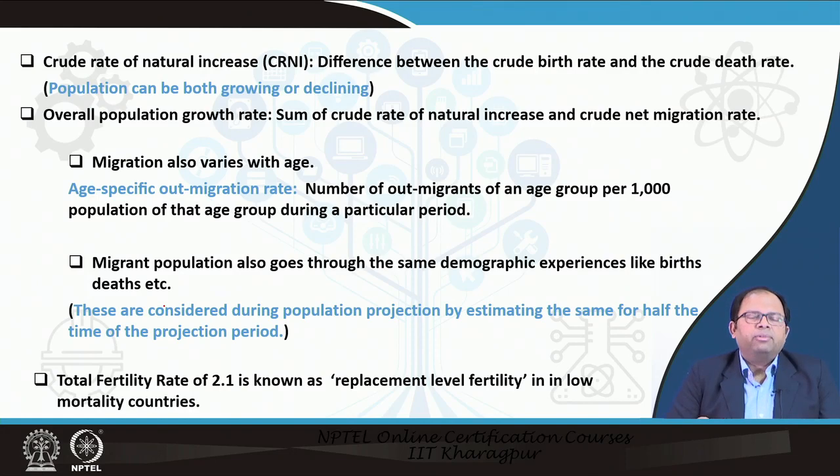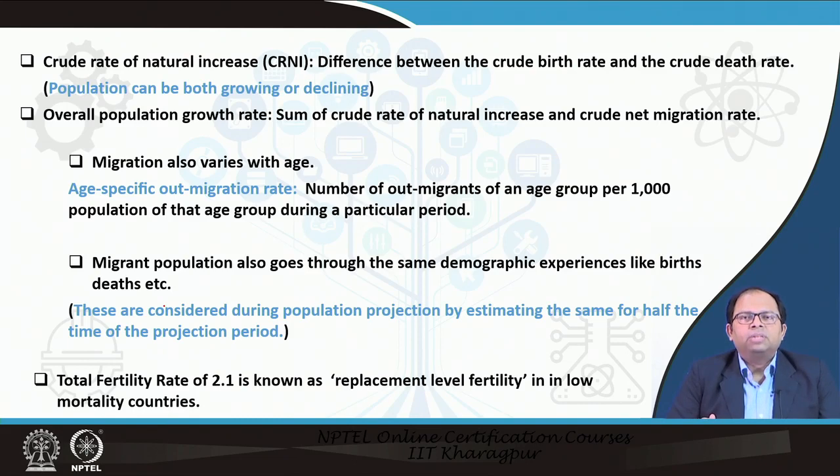When we are estimating these values for a certain time period, for example 10 years, and a certain amount of migration is coming to a particular urban area, we take the average of that time period, and we say that the population projection for these migrants is estimated for half of this time period.